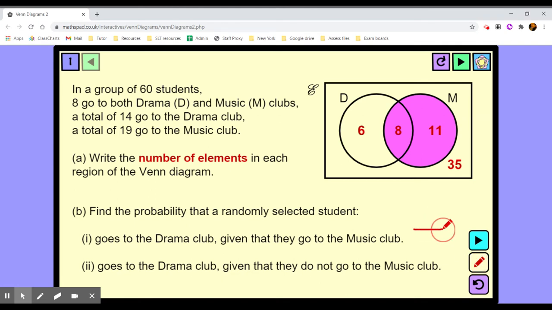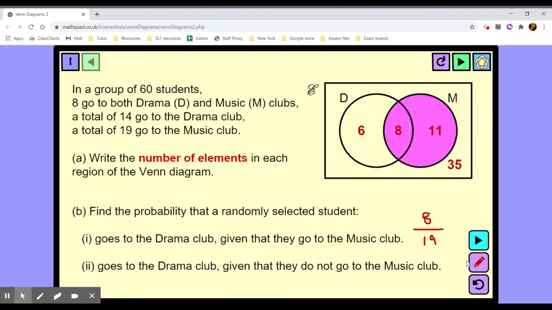Well, we know that the total number of students that go to music is the 8 plus the 11, so 19. And therefore, the ones within that circle that go to the drama club are the 8 in the overlap. So the probability of me selecting someone that goes to the drama club, given that they go to the music club, will then be 8 over 19.